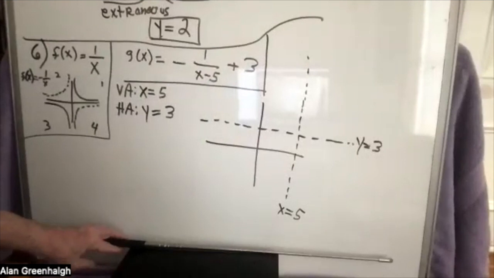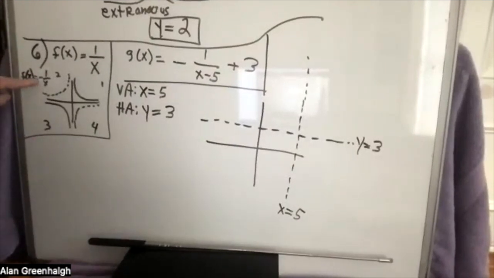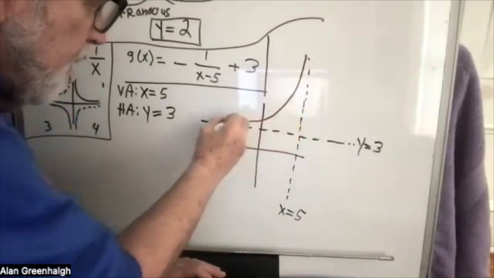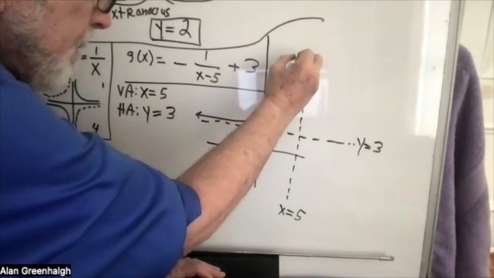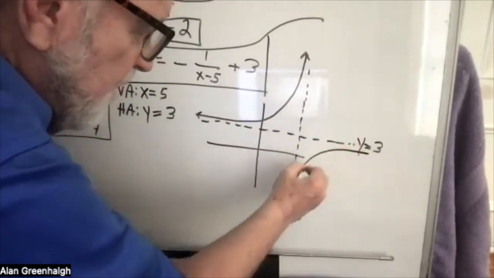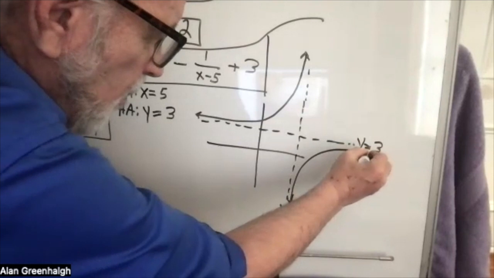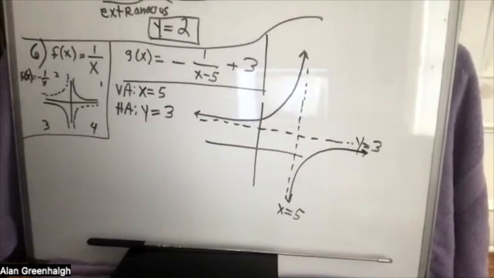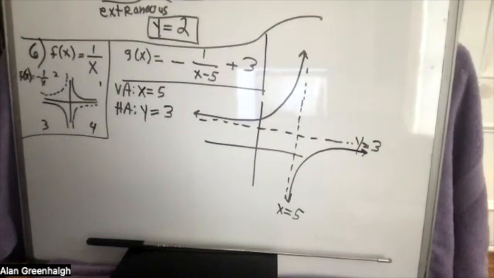And whatever we had in the parent function for a negative rational function, that'll mean that it'll wind up in here and in here. And that's what this graph will look like. That's what the function will look like, graphed.